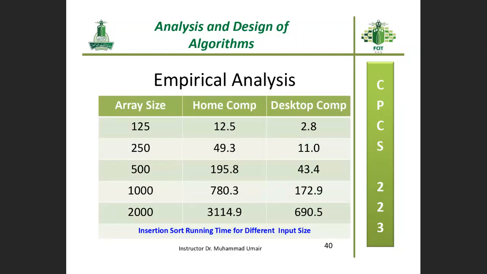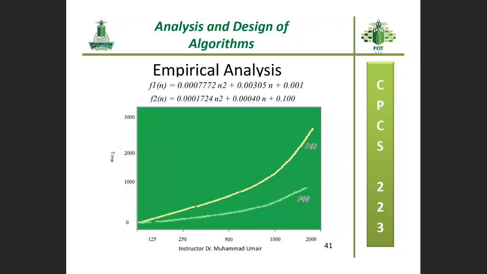If I use this data and plot the number of inputs against the time taken to solve the problem, you can observe there are two different curves generated. This is one curve and this is the second, and you can still find there is quite a big difference between the values of these curves.